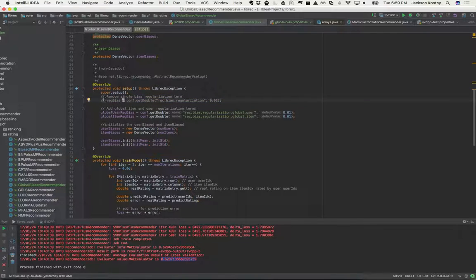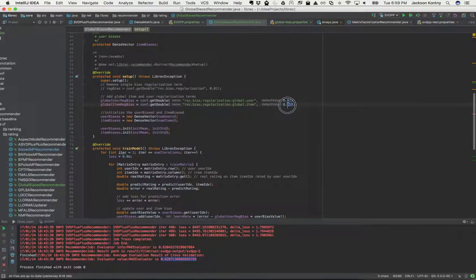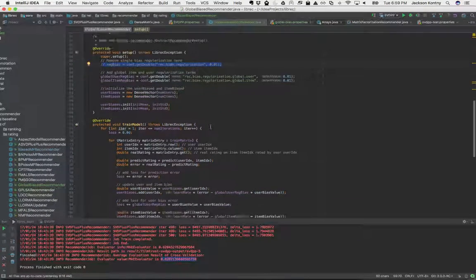I added in 2 regularization bias terms instead of just 1. I added in a term for the global user regularization bias and another for the item. And I set a default value, but I ended up tweaking those. I kind of just added the default value to go along with the regularization bias that was already there.